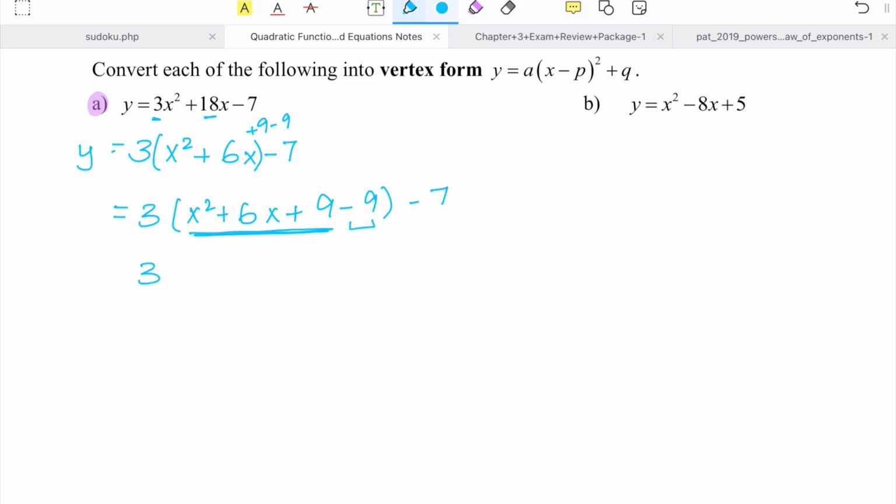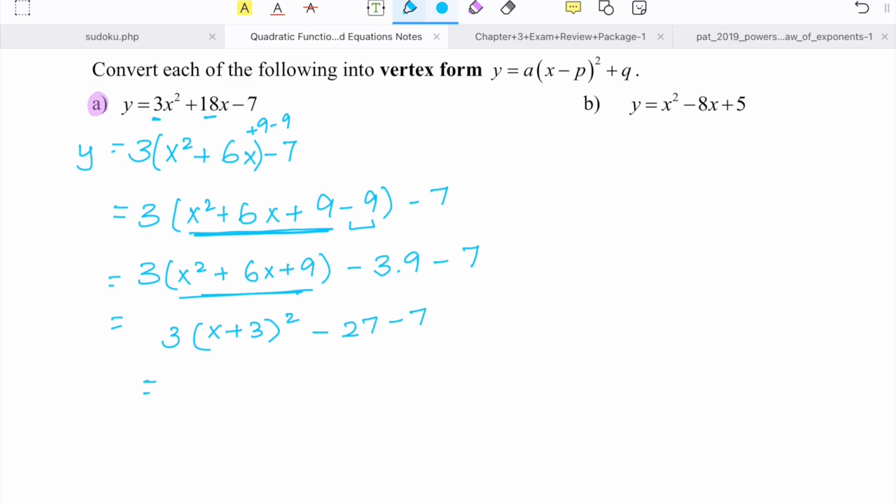So you do 3x squared plus 6x plus 9 minus 3 times 9 minus 7. So this is going to be 3 times x plus 3 squared minus 27 minus 7, which is equal to 3 times x plus 3 squared minus 34. And that's your answer.